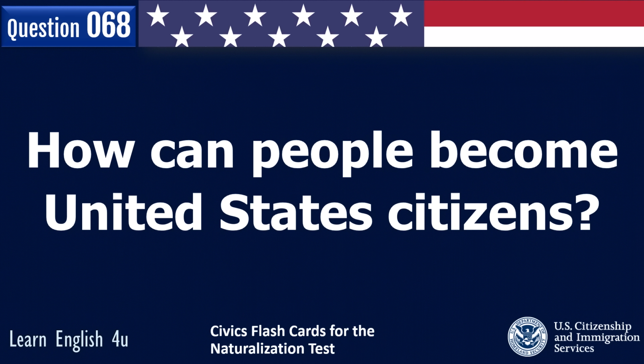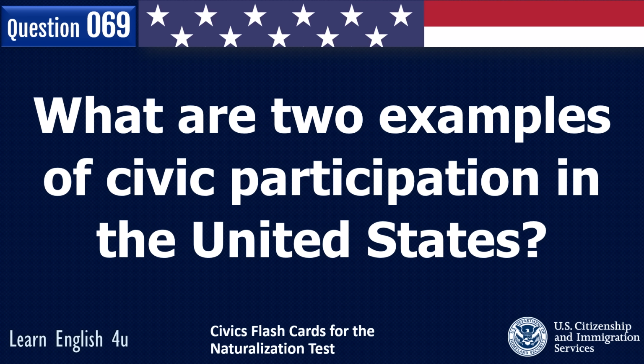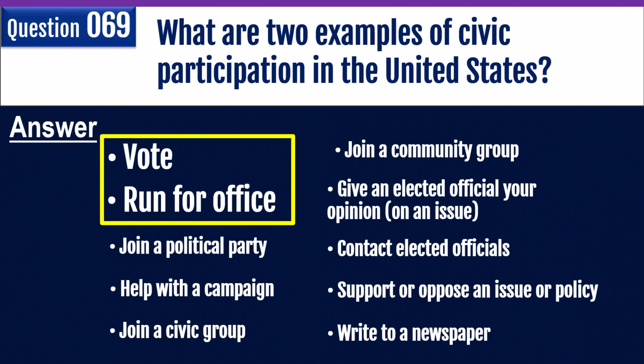How can people become United States citizens? Naturalize. What are two examples of civic participation in the United States? Vote, run for office.